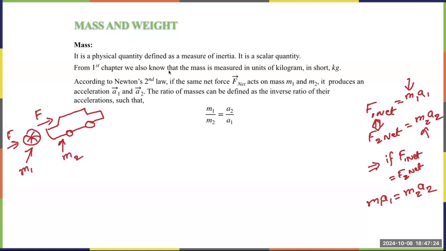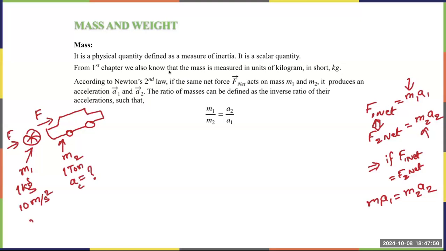Now, let's say the basketball is 1 kilogram and the car is say 1 ton, right? And I know that the acceleration for the basketball would be 10 meters per second squared. So now what will be the acceleration for this car if I apply the same amount of force?